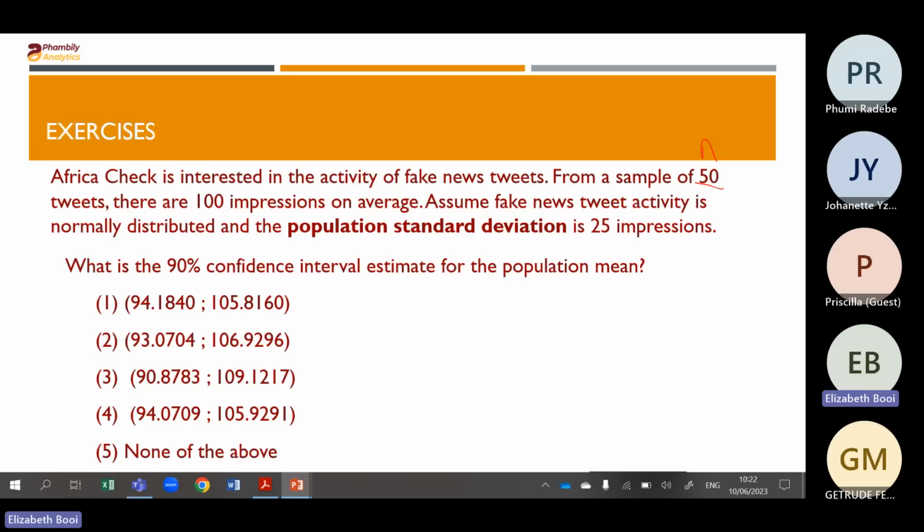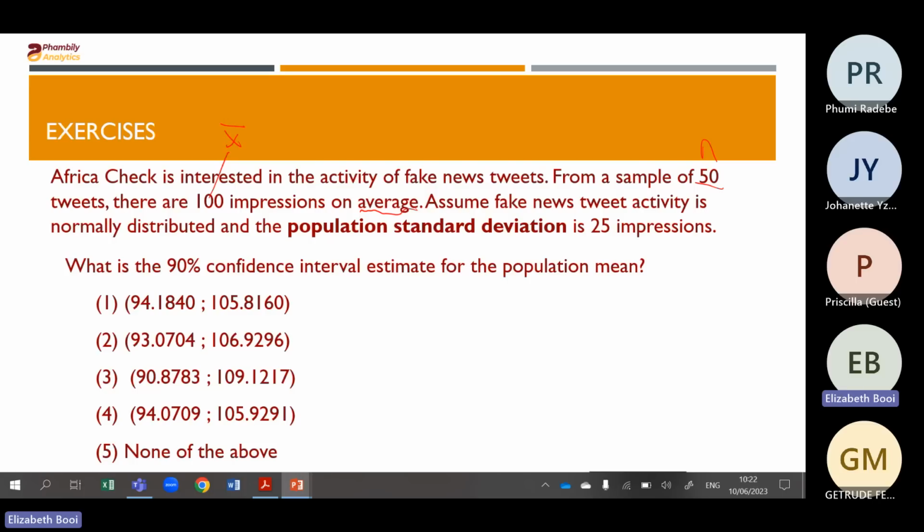There are 50 tweets and they are on average, and we know what average is, right? We learned this from study unit 3. Average means the mean. So from the sample, there are 100 impressions. So therefore, it means this is the 100 that comes from a sample, which means this is our X bar.